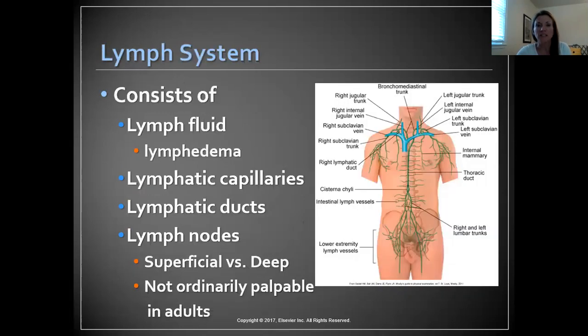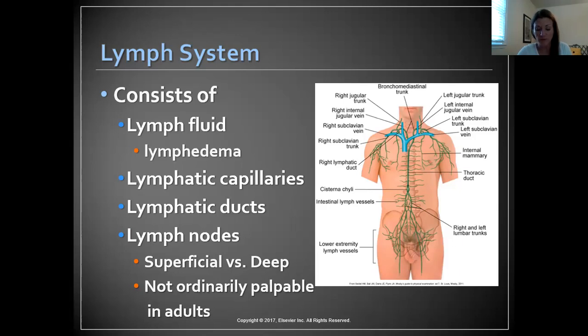The lymph system consists of lymph fluid, lymphatic capillaries, ducts, and lymph nodes. It carries fluid from interstitial spaces to the blood. It is through the lymph that proteins and fat from the GI tract and certain hormones can return to the circulatory system. It also returns excess interstitial fluid to the blood.